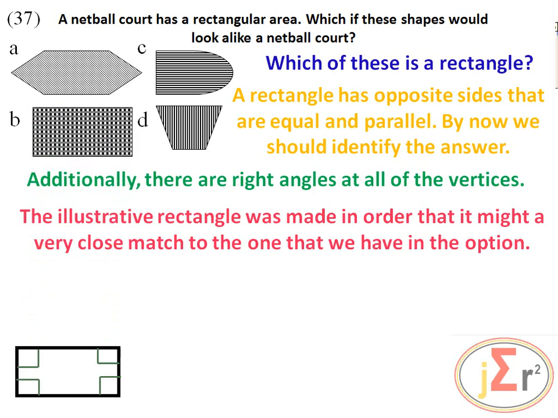Right onto it. So the illustrative rectangle is this one, and it is a rectangle with opposite sides equal in length. They are also parallel. And additionally, a rectangle must have vertices that are accompanied by right angles. What is the size of a right angle, Jerry? 90 degrees.